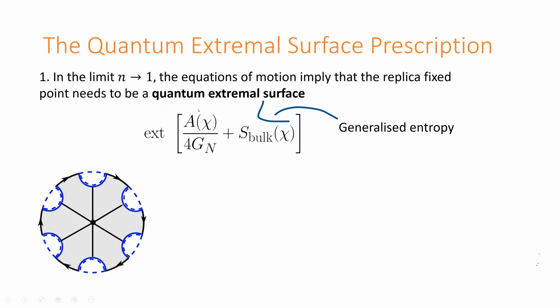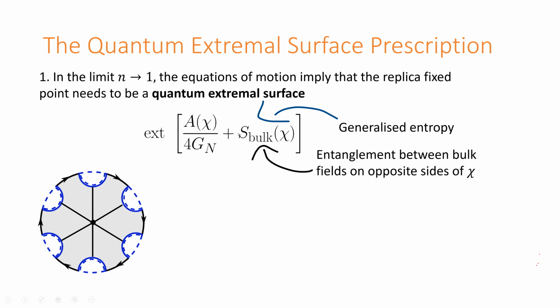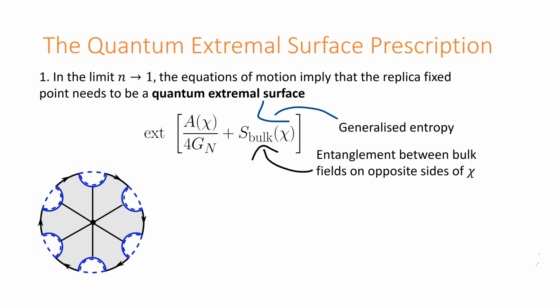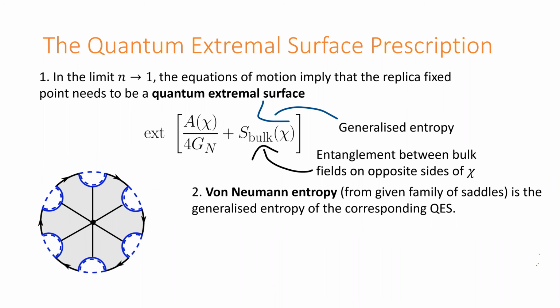It's just a sum of area over 4G Newton, which is all we had before because we didn't have any bulk fields, plus this quantum correction to the area, which is just the entanglement of the bulk fields across the two sides of the surface. Okay, so the replica fixed point is a quantum extremal surface.